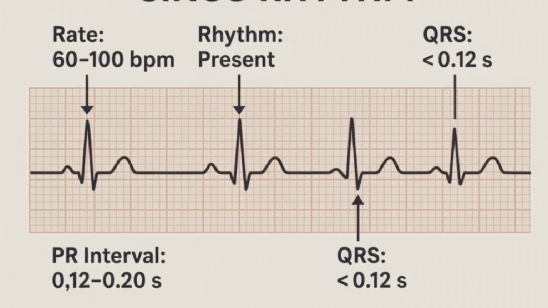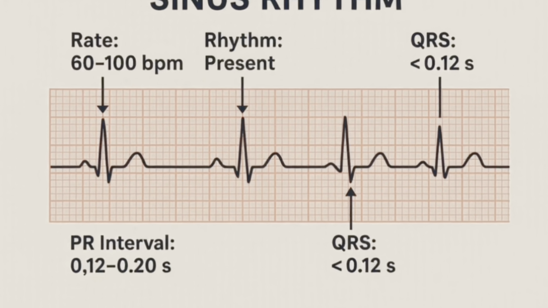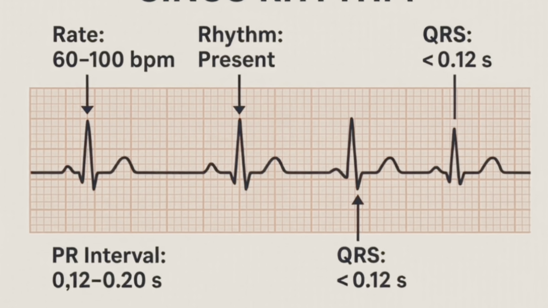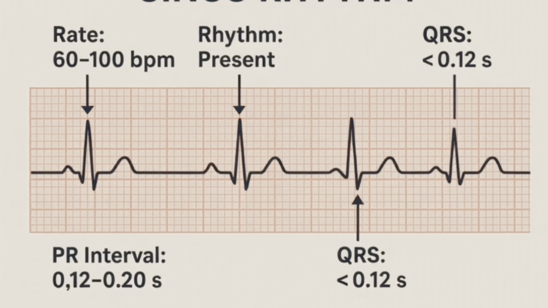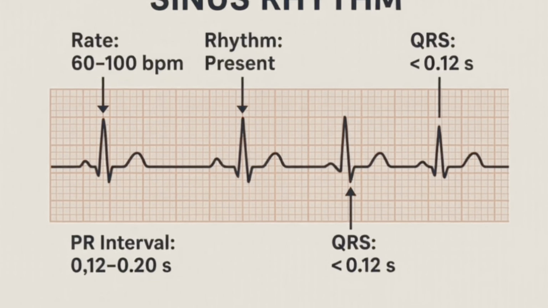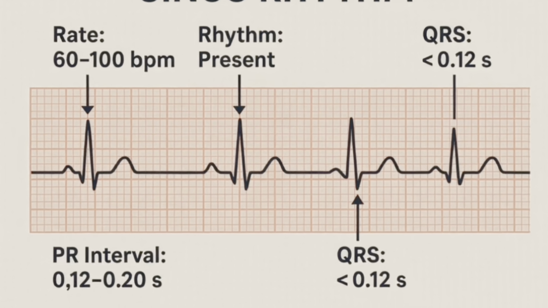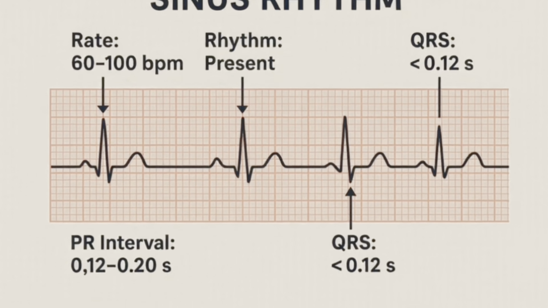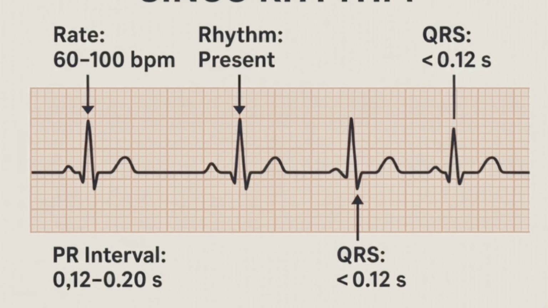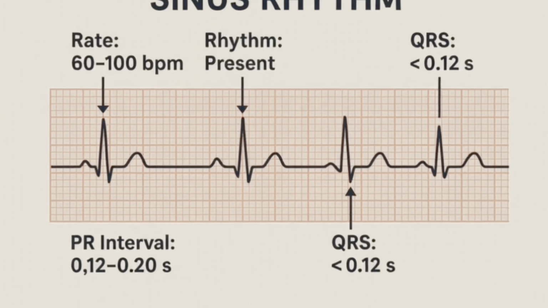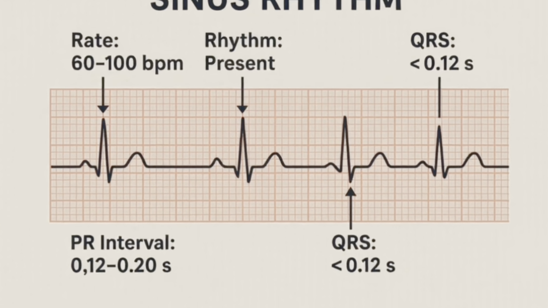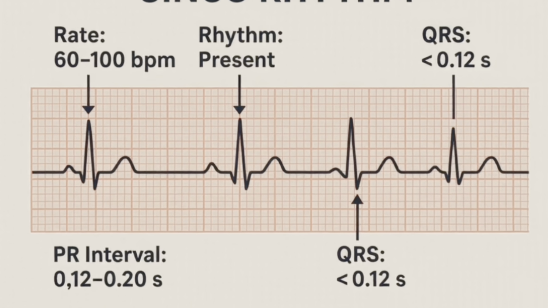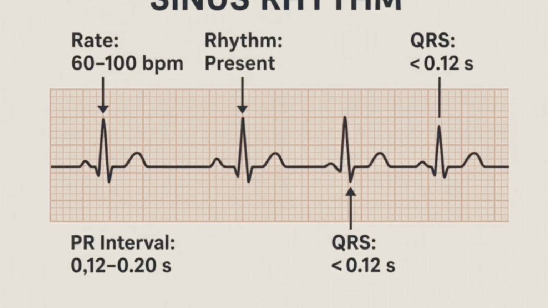After that, look at your heart rate. Is it between 60 to 100? Your heart rate must be between 60 to 100 to make it normal. So if your heart rate is between 60 to 100, then your rhythm is a normal sinus rhythm. Okay, I'll take that again. Your P waves are present before every QRS complex. They are upright. They are of the same size throughout the rhythm.